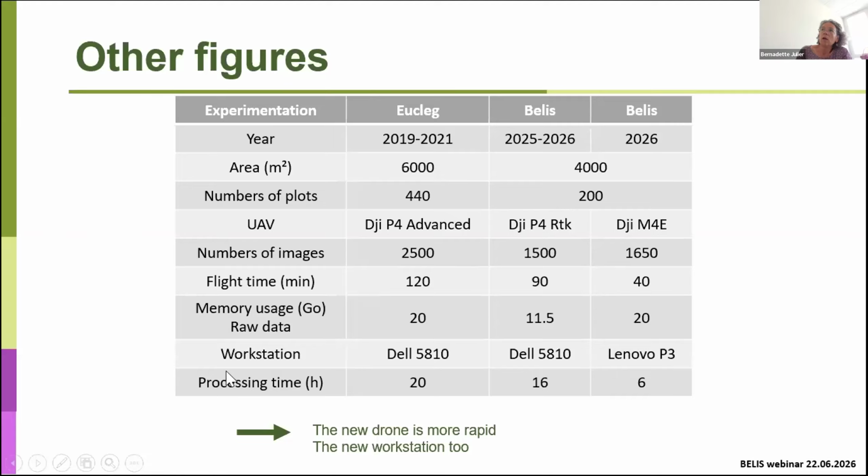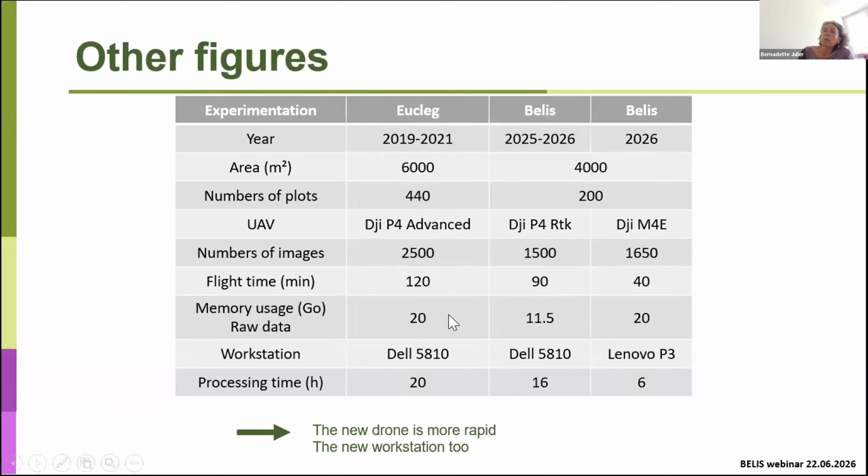We have changed the apparatus, and while changing the drone apparatus, the flight time is becoming shorter and shorter, with 40 minutes only for the BELIS trial now with a new DJI M4E.